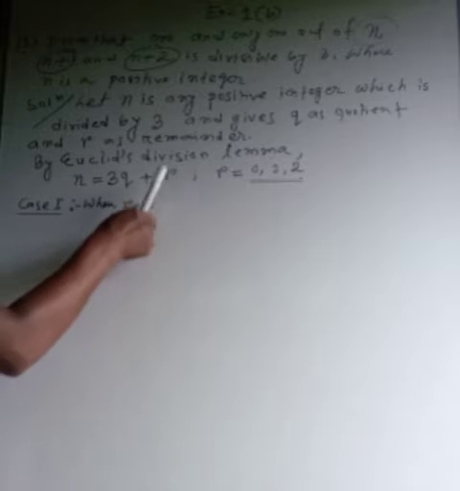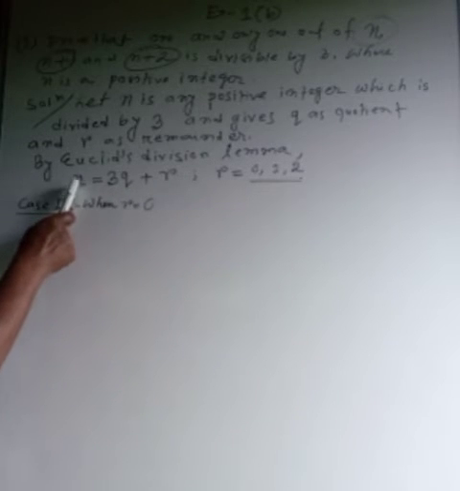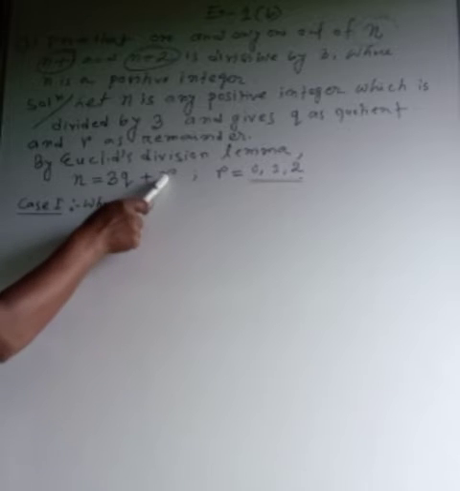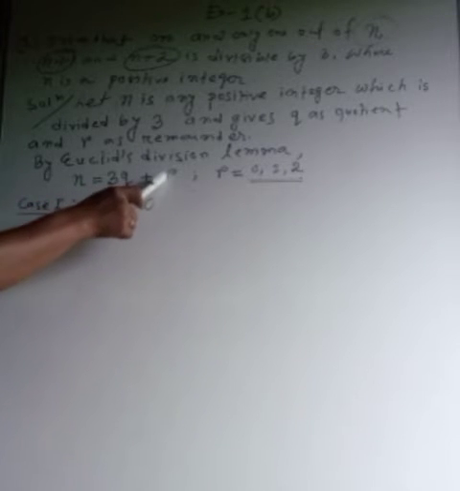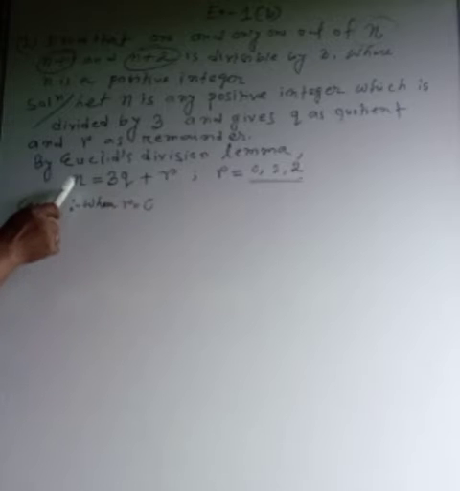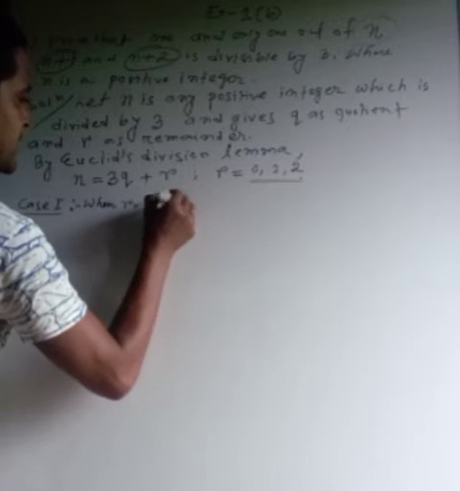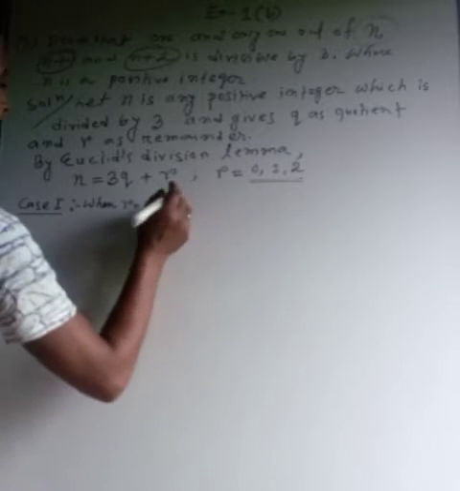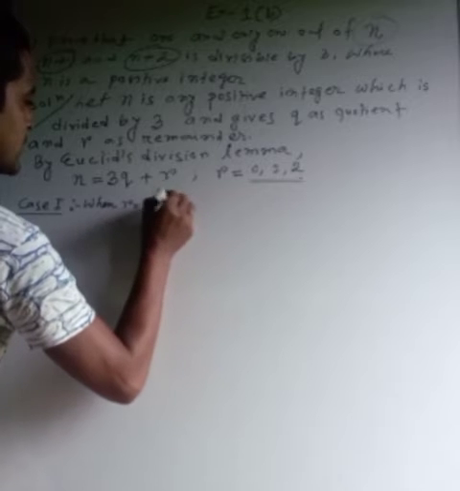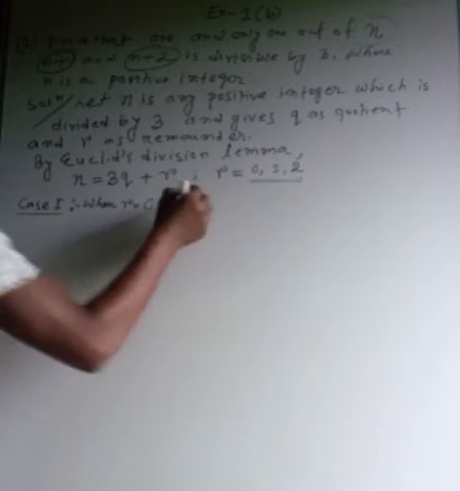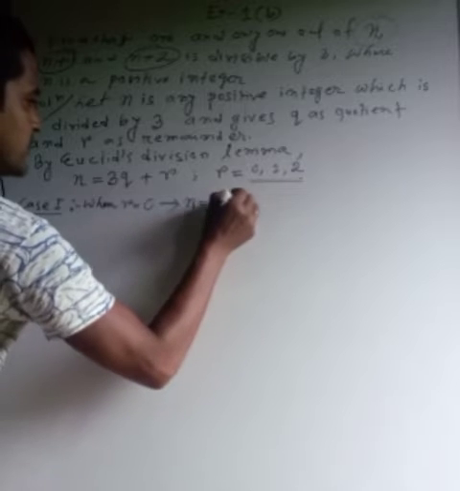If you put r value 0 here, then n equals 3q. So we will write n equals 3q when r value is 0.